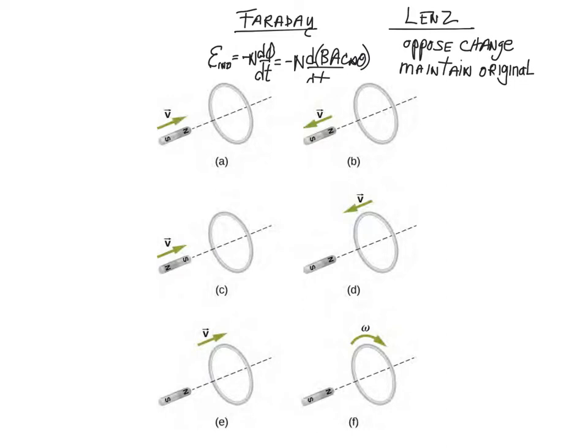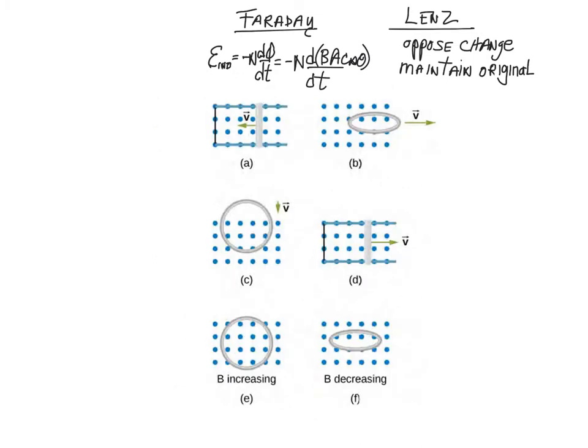And so everything will be reversed from the previous example. And in the last example, if we twist the loop this way, then that doesn't cause any change in flux, right? We're just twisting the loop. If we twisted the loop along this axis, that would be different. That would be like a motor. But since we're twisting the loop along its own circumference, it doesn't cause any change in flux.